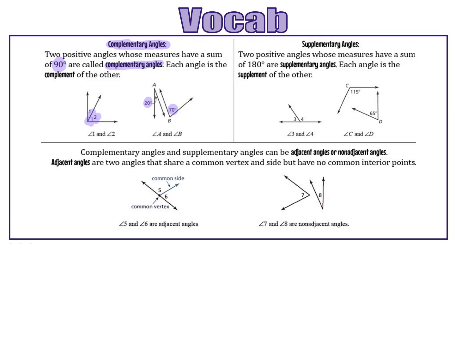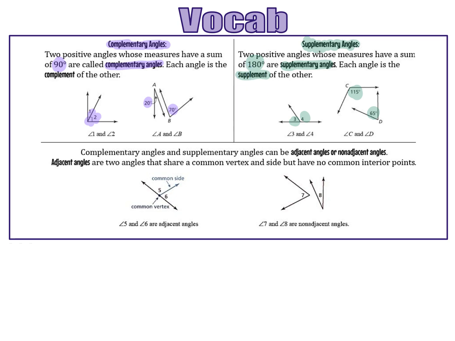We're also going to talk about supplementary angles, and supplementary angles are angles whose sum is 180 degrees. And we would call one the supplement of each other. So angles 3 and 4 are supplementary, 115 and 65 are supplementary. So complementary angles are angles that add to be 90 degrees, and supplementary angles are angles that add to be 180 degrees.